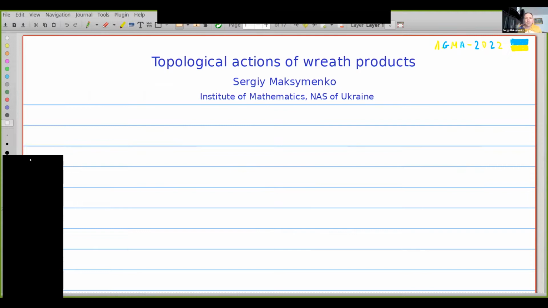about topological actions of wreath products, and the general statement. Maybe I will just briefly formulate what I will be talking about. I will define and recall the notion of a wreath product of two groups G and H, and then I consider special actions of this group on some topological space X. The general result which I obtain is the computation of the fundamental group of the quotient space.